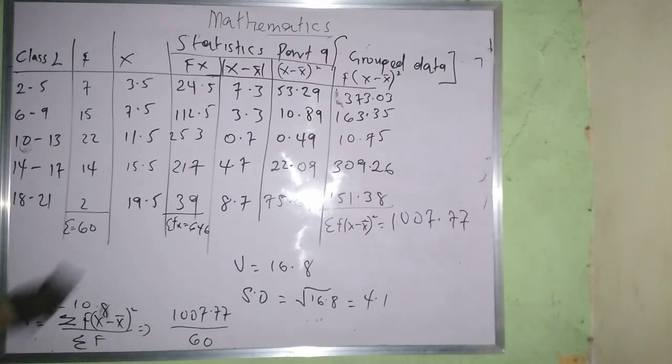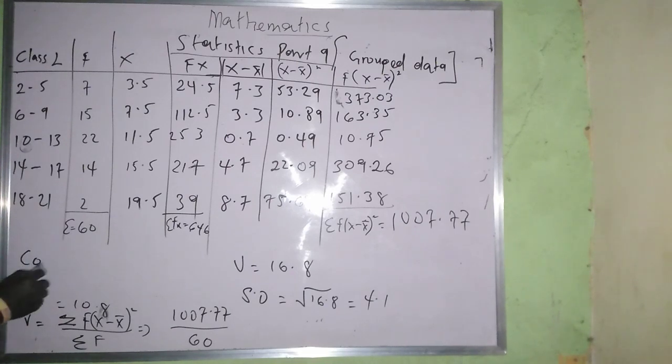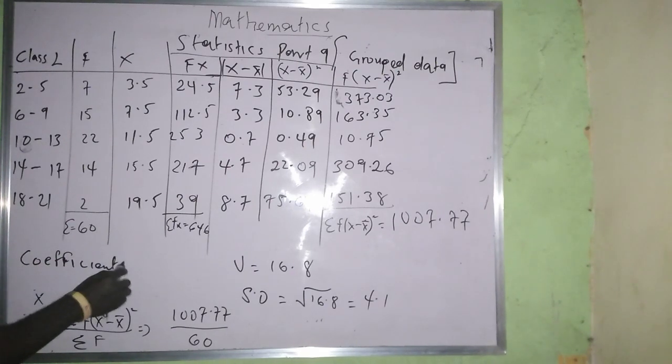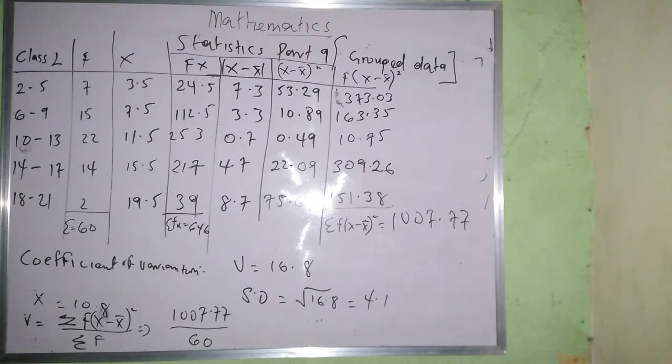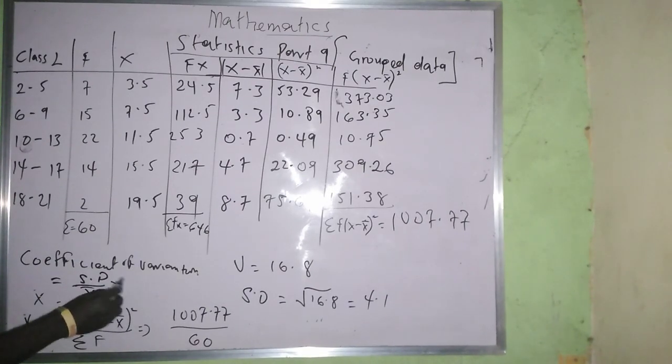My coefficient of variation will be equals to my standard deviation divided by the mean times 100%.